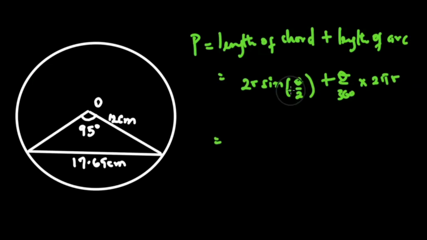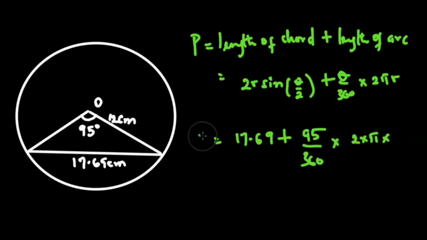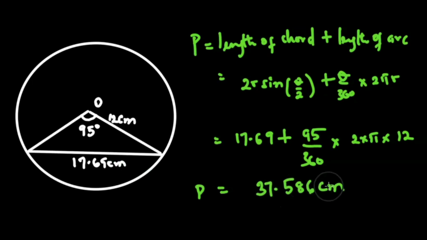So we just substitute this: length of chord 17.69 plus theta, which is 95, divided by 360 times 2 times pi times 12 centimeters, which is our radius. And so we'll type this in our calculator, and we have the perimeter of the segment to be 37.586 centimeters.